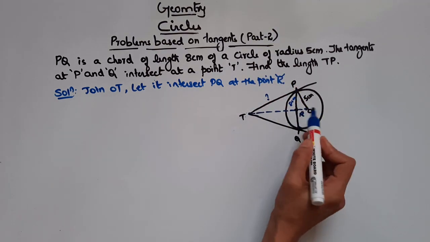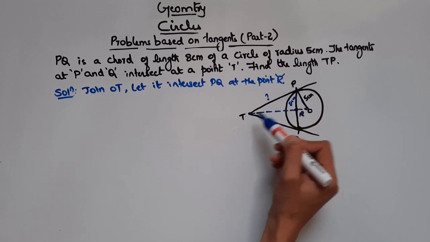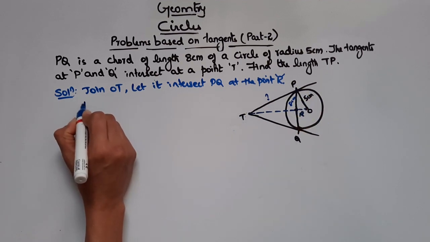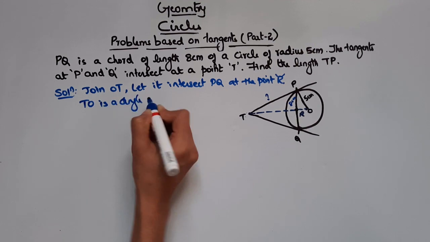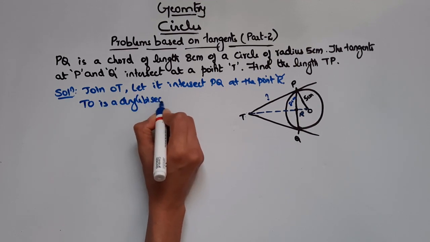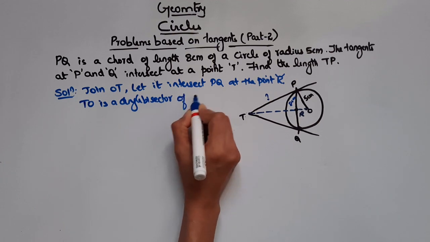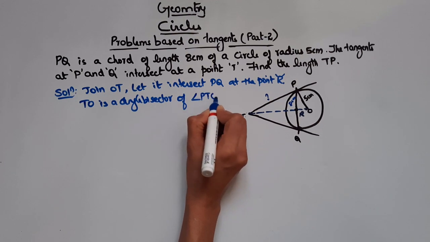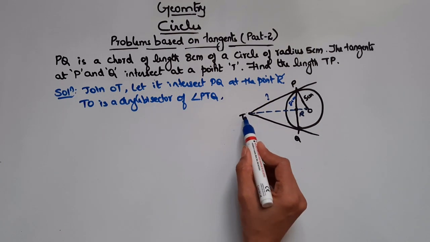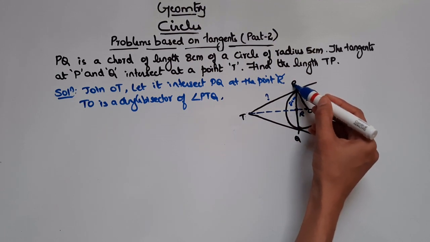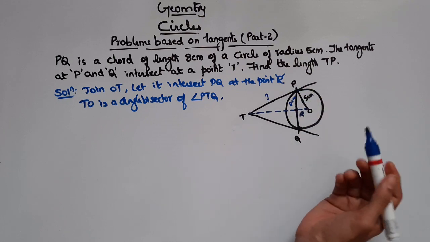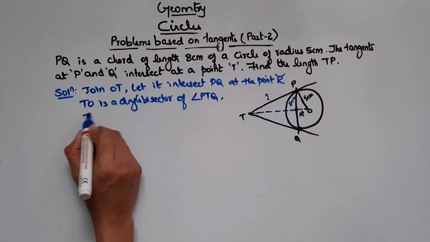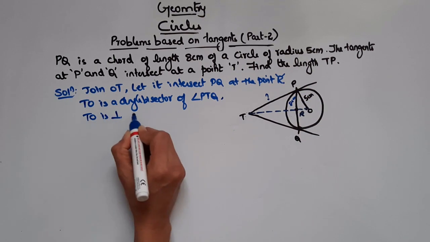We know TO is the angle bisector of angle PTQ. So therefore TO is perpendicular to PQ and it bisects PQ, right? So we can say TO is perpendicular to PQ.